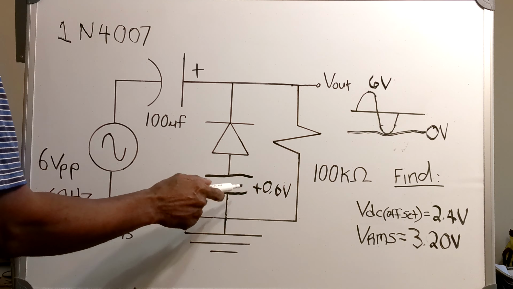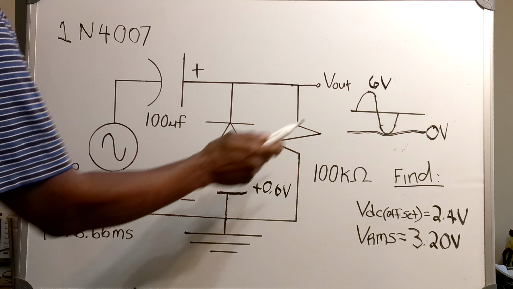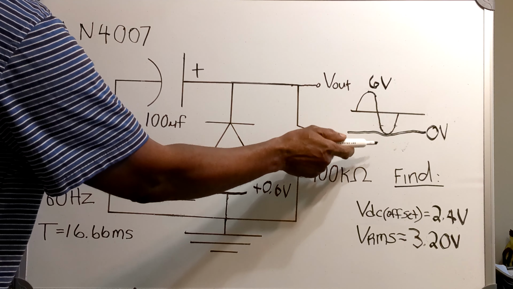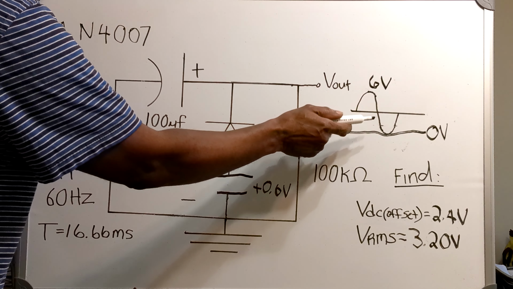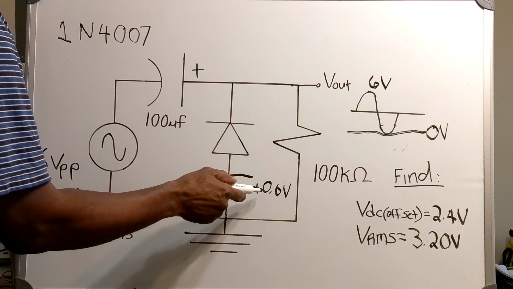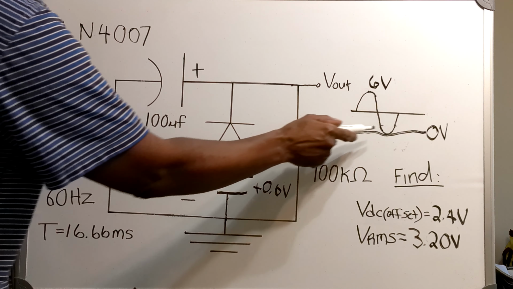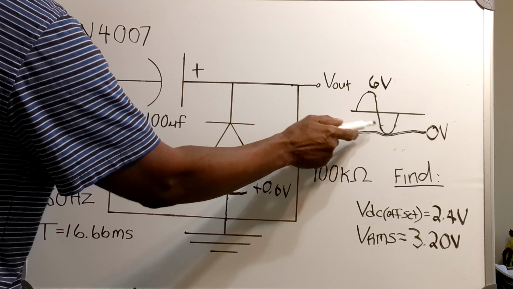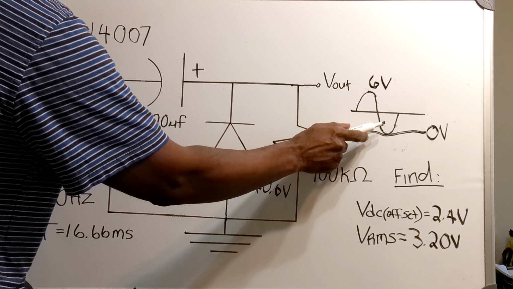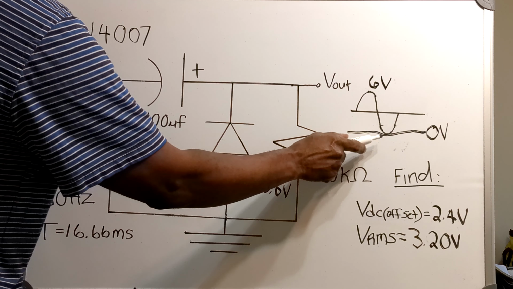And what that DC source does is it raises the bottom of the output by exactly 0.6 volts. So now, the output is not going negative.